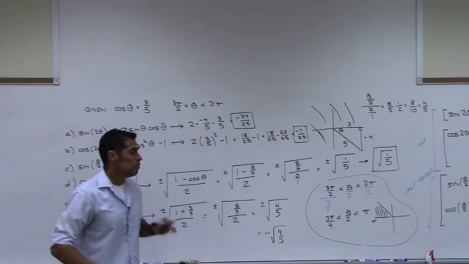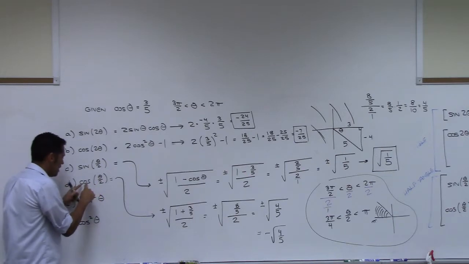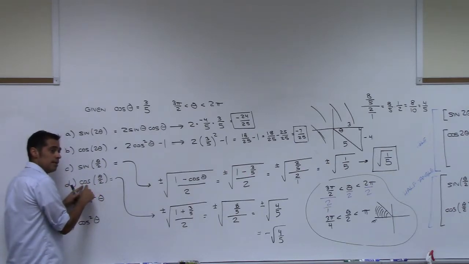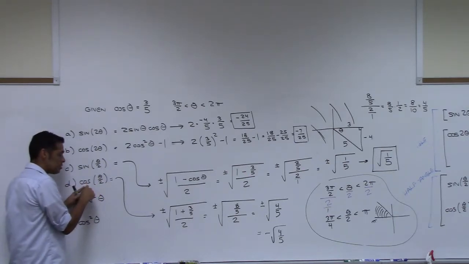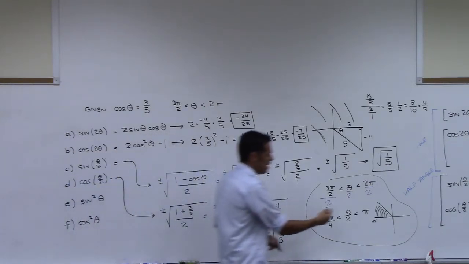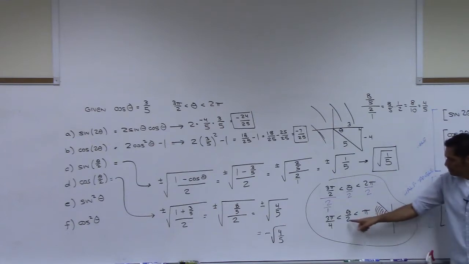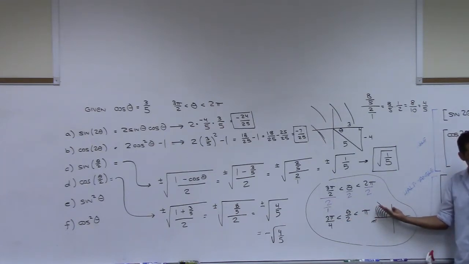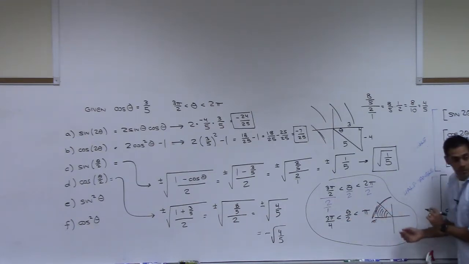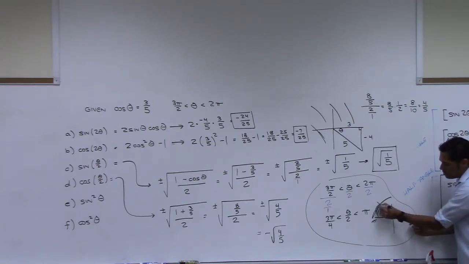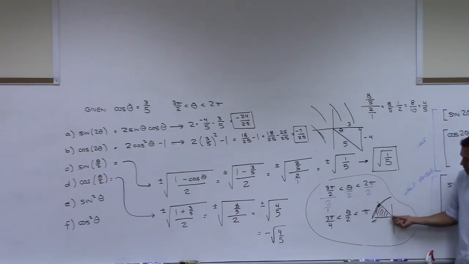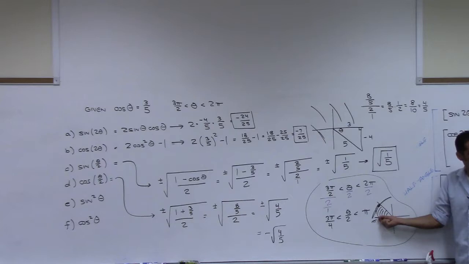Can you explain that last part again? Okay. We want to know what the x-coordinate is, because it's cosine. We want to know the x-coordinate at half of the angle. Well, if half of the angle has to be between here and here, then we've got to be somewhere in this quadrant. If I tell you to go to some point on that little arc, your x-coordinate is going to have to be negative to get there. The y-coordinate was positive.